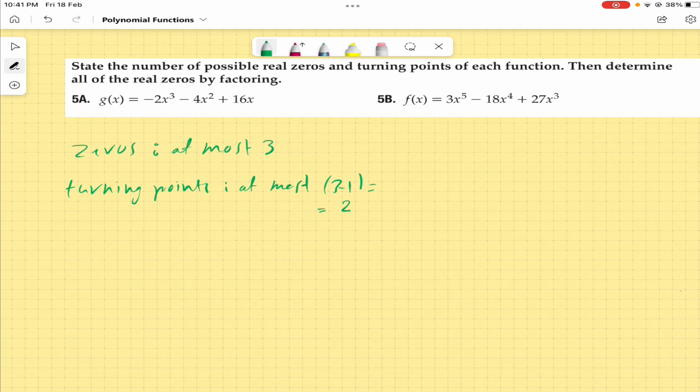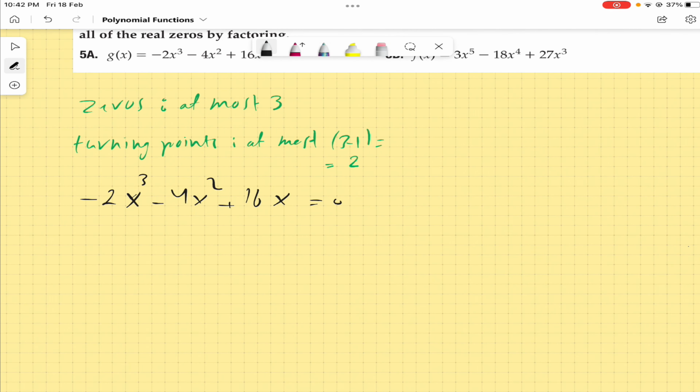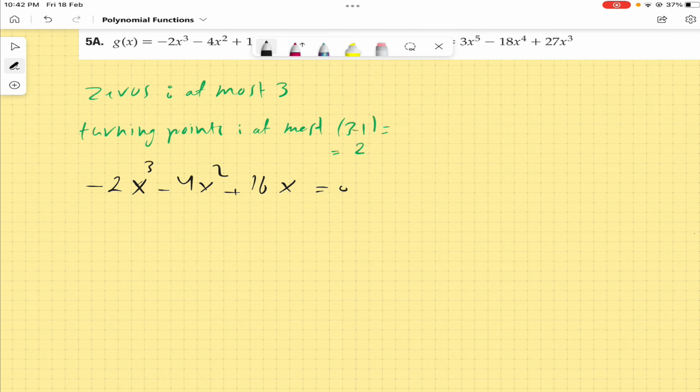Now how to find the zeros? We're gonna solve the equation: negative 2x^3 minus 4x^2 plus 16x equal to 0. To find the zeros, we have to put the equation equal to 0. We're gonna find the zeros by factoring.